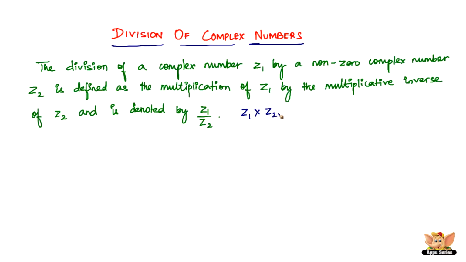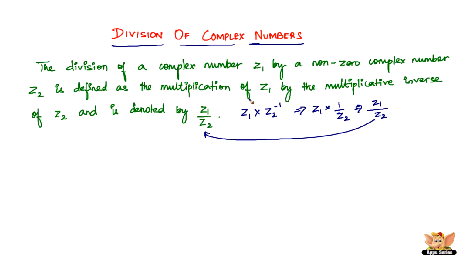So it's not simply Z2, but it is Z2 to the power of -1. It is the inverse, which can also be written as Z1 times 1 divided by Z2, which can also be written as Z1 divided by Z2, which is exactly what is written here. So this is the basic explanation of division of complex numbers.